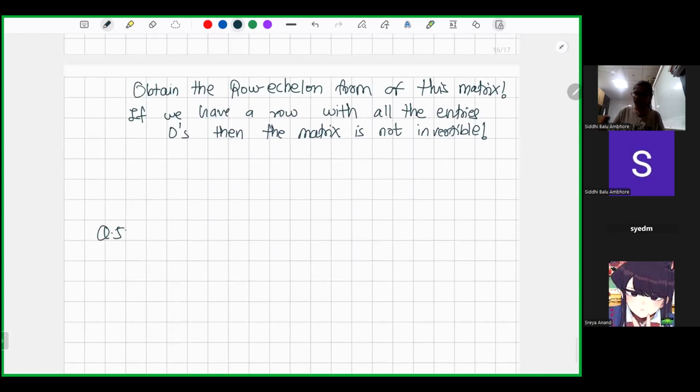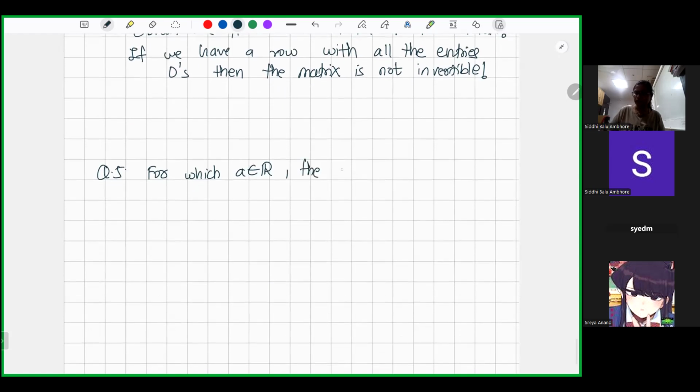This, I think, is question 5. I think we did such a question a few weeks back, I don't remember exactly, where we were checking whether the matrix is invertible or not.